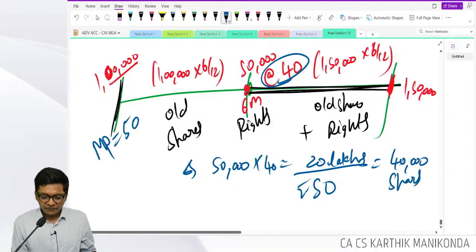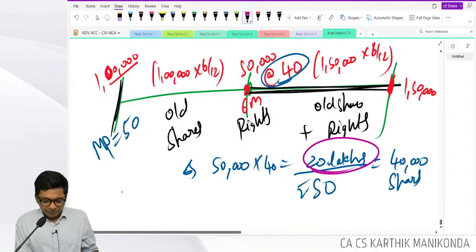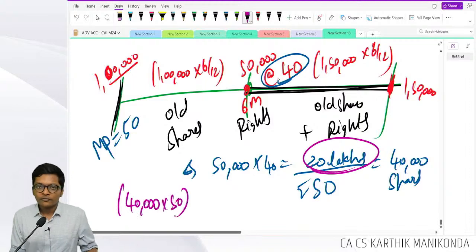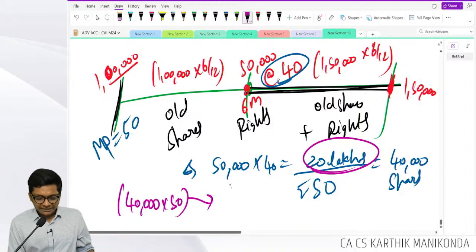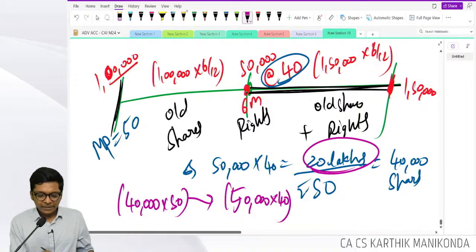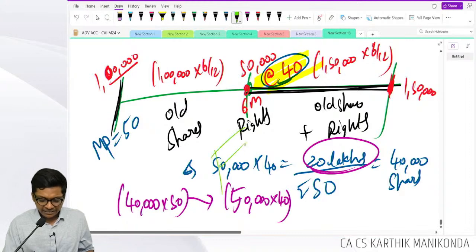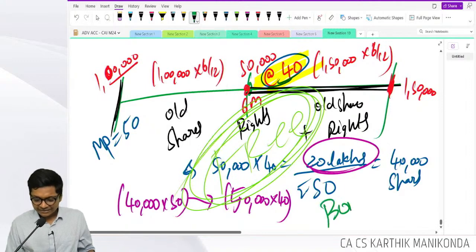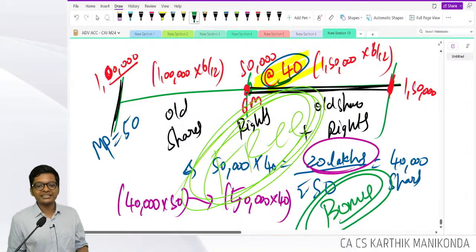So if my fund requirement is 20 lakhs, in the public I could have raised it with 40,000 shares into 50, but you ended up issuing 50,000 shares into 40, because there is an element of discount.